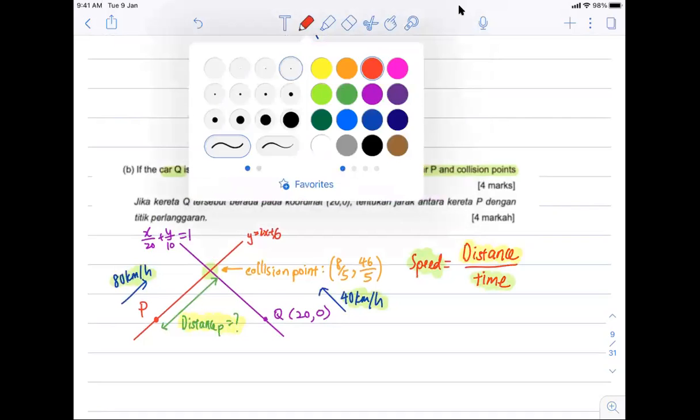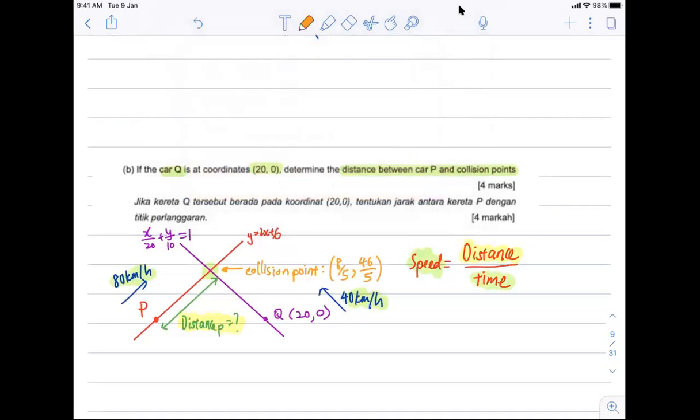So notice that when P is moving towards the collision point and Q is moving towards the collision point, both of them must arrive at the point at the same time in order for them to collide. Let's say that maybe P is arriving at this collision point at 8 seconds, then Q must also arrive at the collision point at 8 seconds.